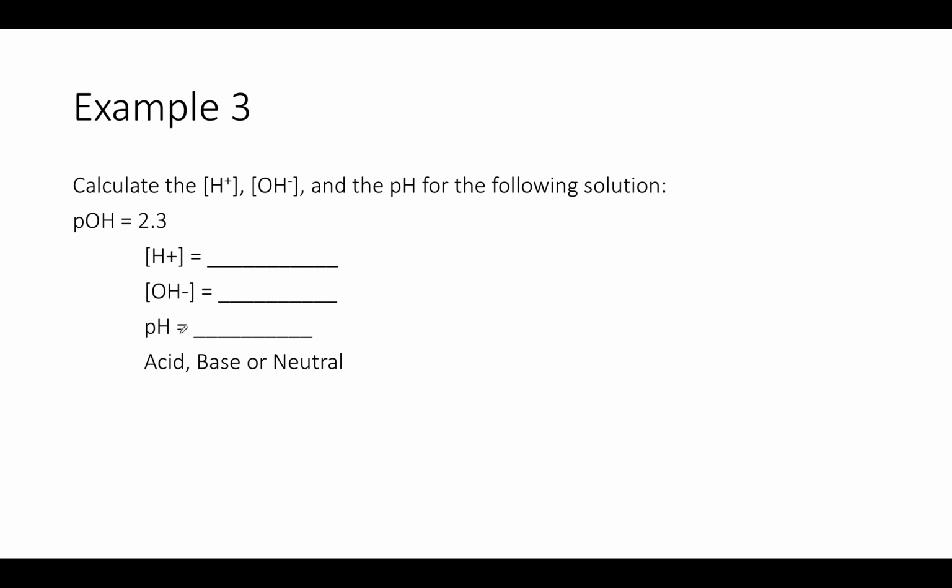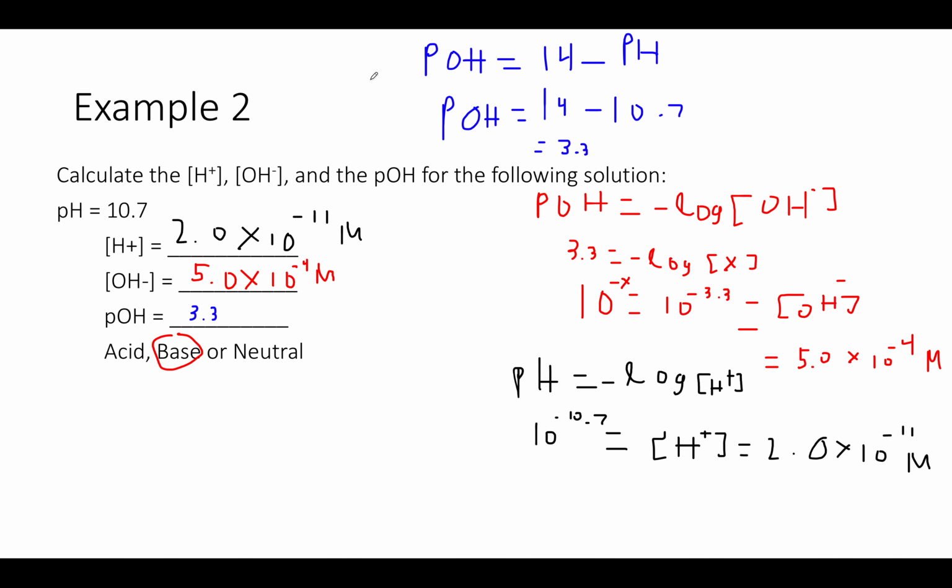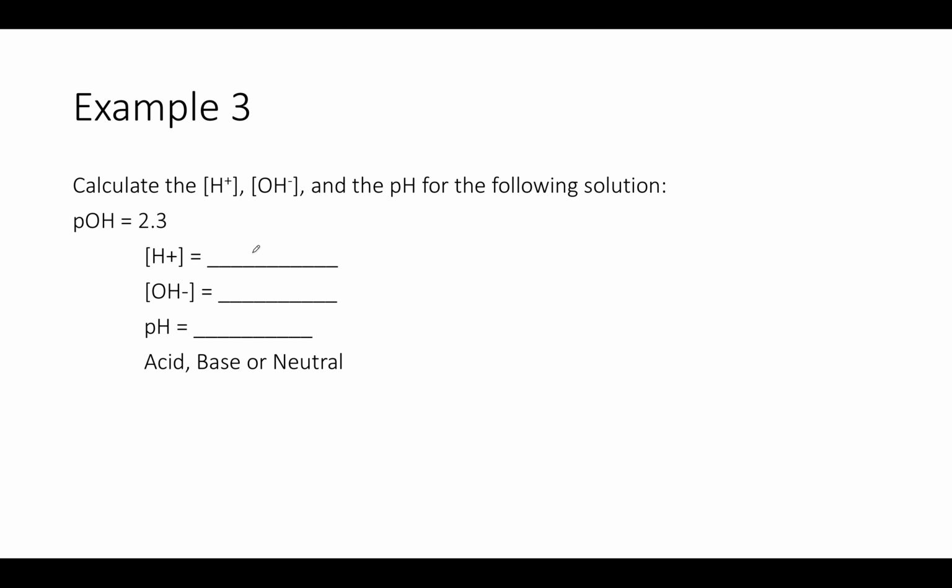Okay, last question here. Calculate the hydroxide ion concentration, the hydrogen ion concentration, and the pH of this solution from the pOH. So here we were calculating the pOH from the pH. Now we're going to calculate the pH from the pOH. So the pH would equal 14 minus the pOH.